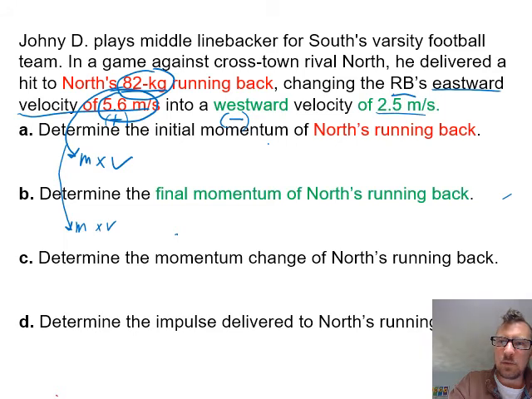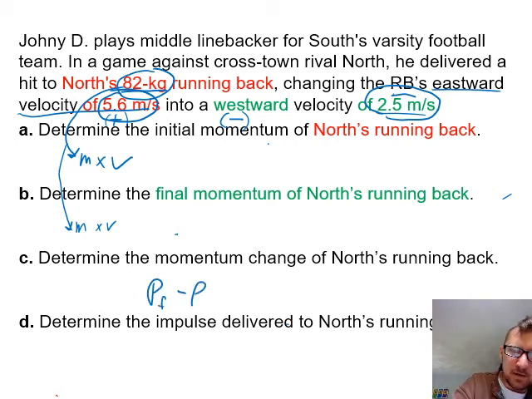He ends going 2.5 meters per second in the negative direction. That's a change in momentum. And the change in momentum is simply taking your momentum final minus momentum initial to get that change in momentum. And then determine the impulse.